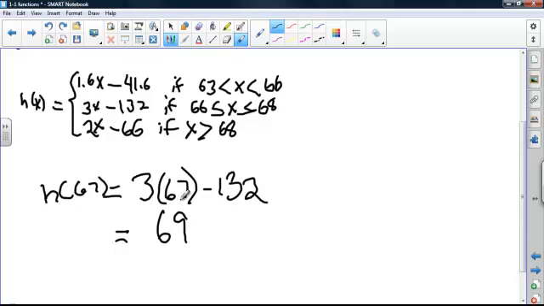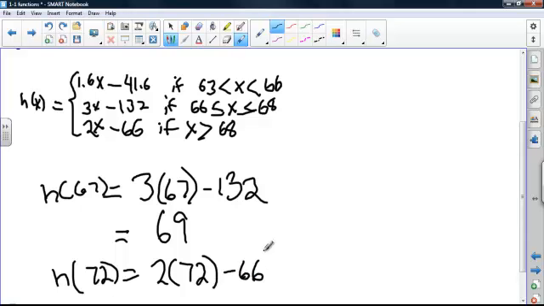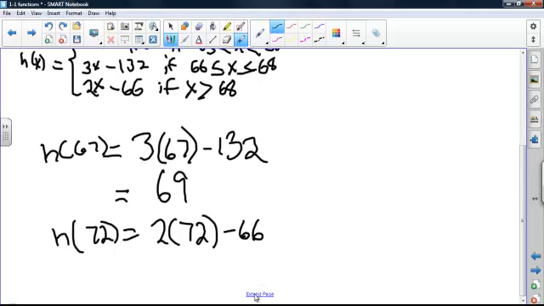So we would expect the child to be 69 inches. What about h of 72? So I look up here, 72. Oh, that falls in the third one. So I would say 2 times 72 minus 66. And I simplify that, and that simplifies to 78 inches.